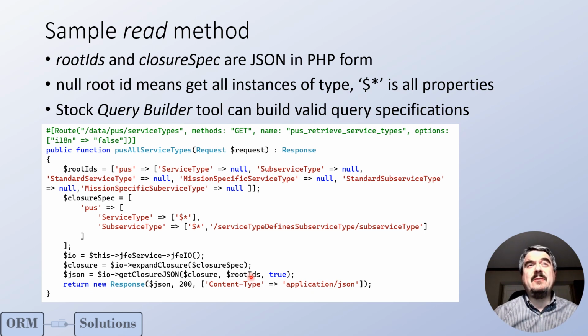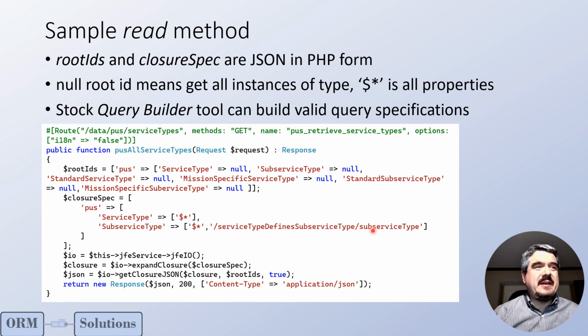So this says give me all service types, all subservice types, etc. If I wanted to, for example, start with a service type and just get the subservice types for that service type, I could have additional links here. In this case, all of the links are implied by the identifier, so the only explicit link we have to make is right here, to hook the subservice up to its containing service.